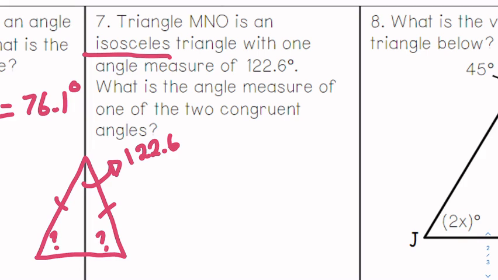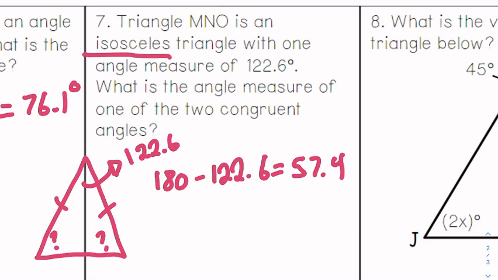That's what we're trying to find. So let's start by subtracting that from 180 to see what's left. And that's going to give us 57.4. Then I know if two of these angles equal 57.4, then I can divide by 2 to get my final answer of 28.7.